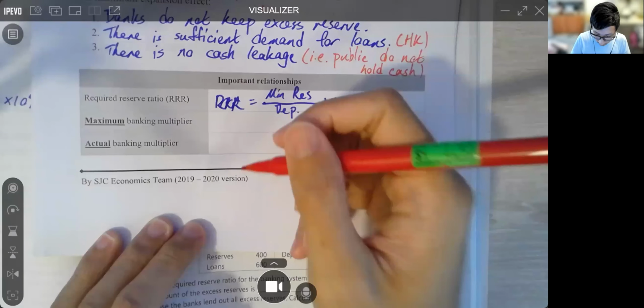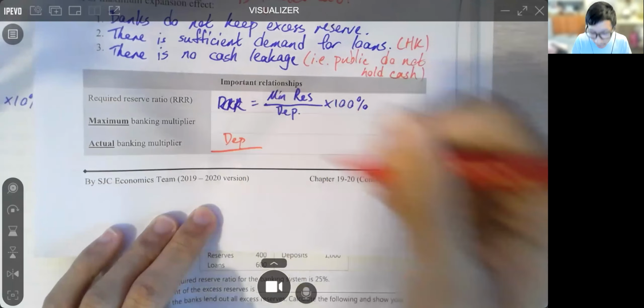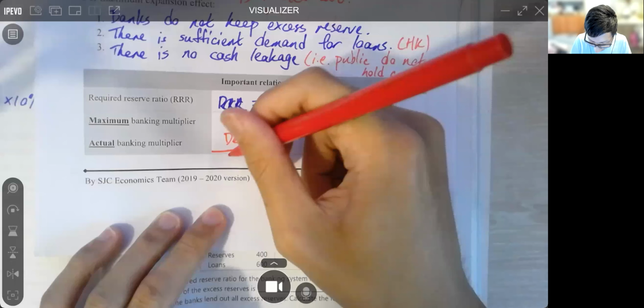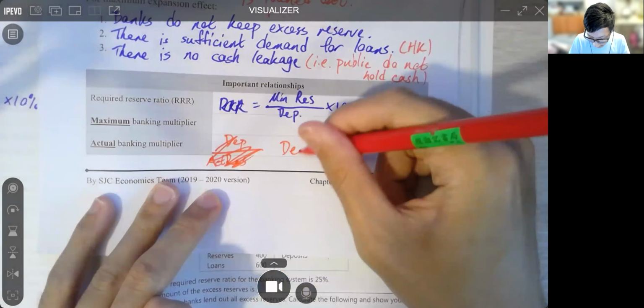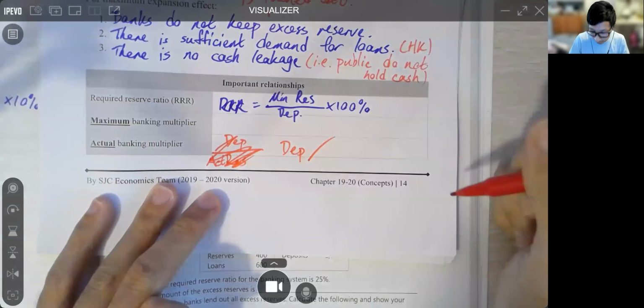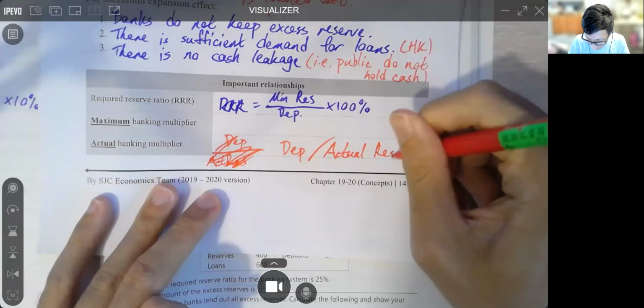So this one would just be deposit divided by actual reserve.